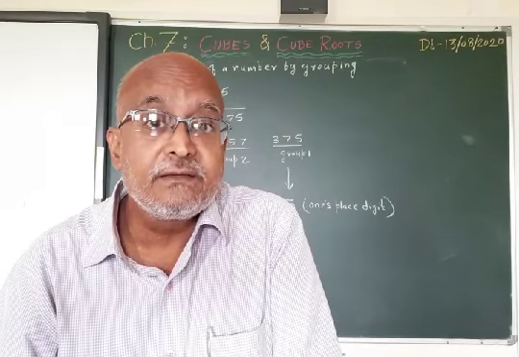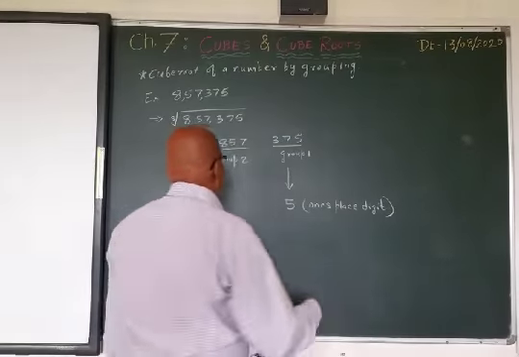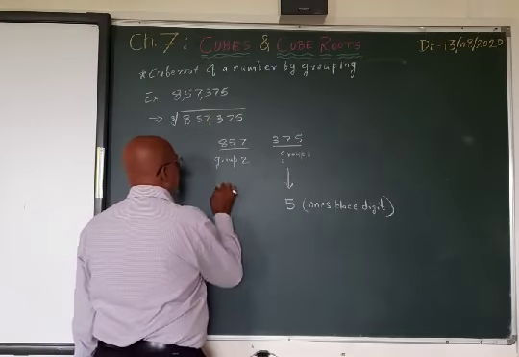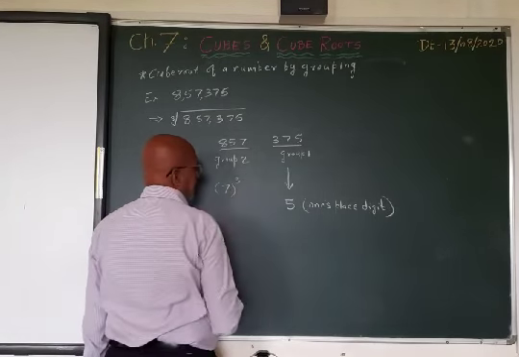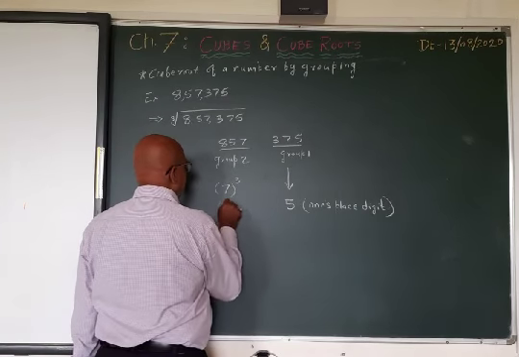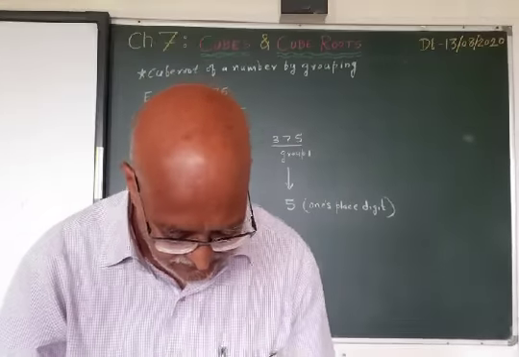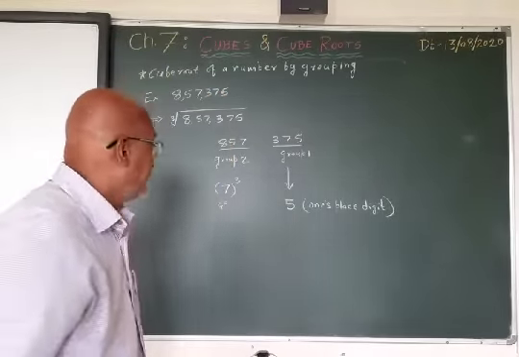That is 7, because the cube of 7 is 343, sorry, not 7. Yes, the cube of 3.